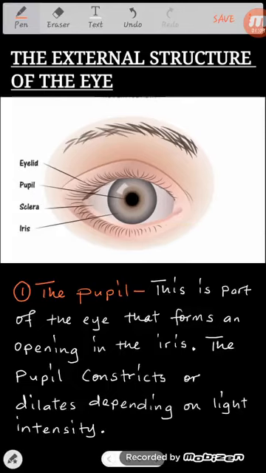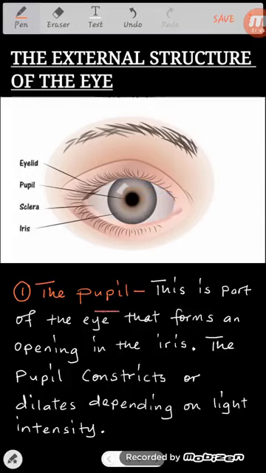Now, when you look at the eye on the outside, the most striking feature that you are going to see is the pupil. So the pupil is that dark spot in the middle of the iris. By the way, that pupil is an opening. Okay, it is not a dark dot, but it is an opening through the colored disc that we call the iris.